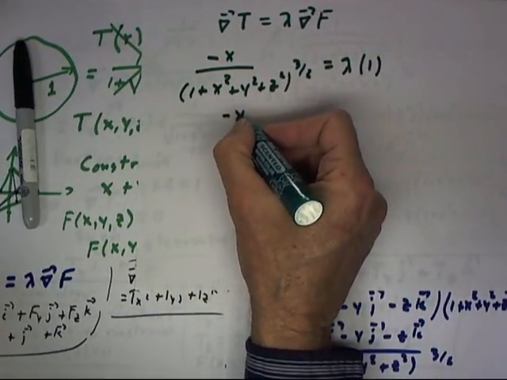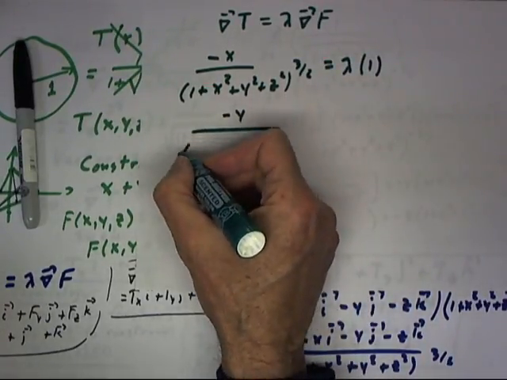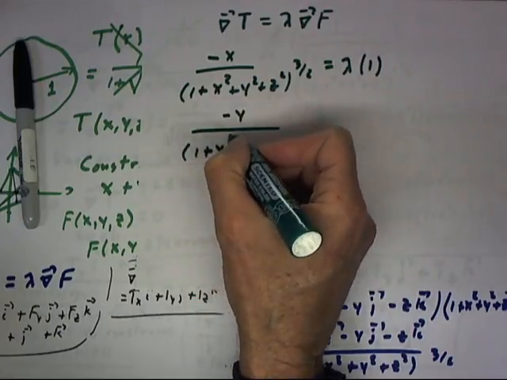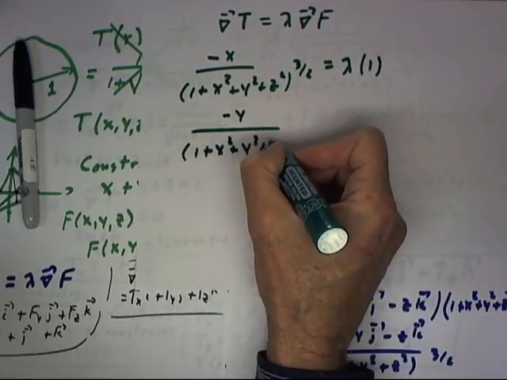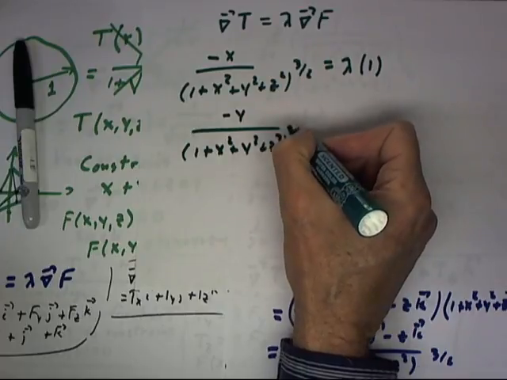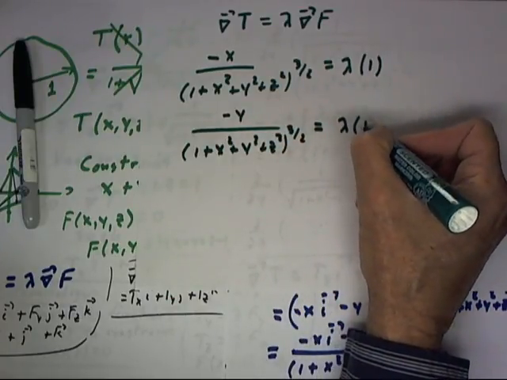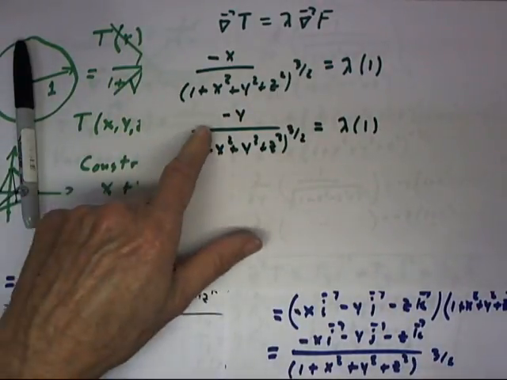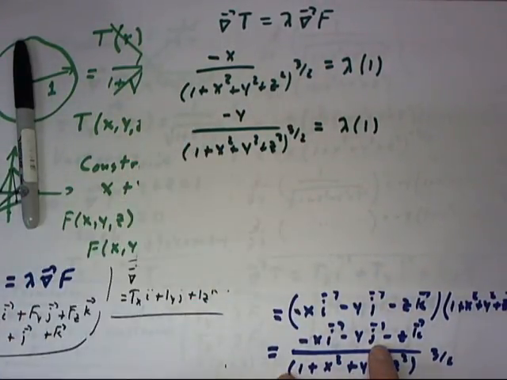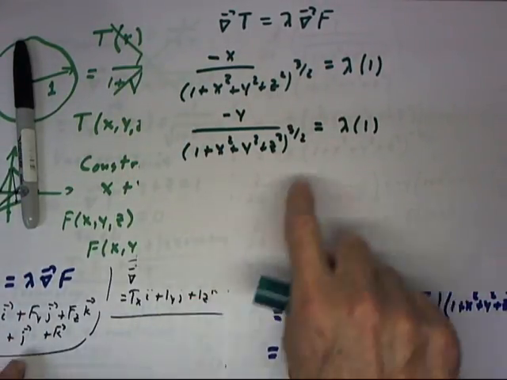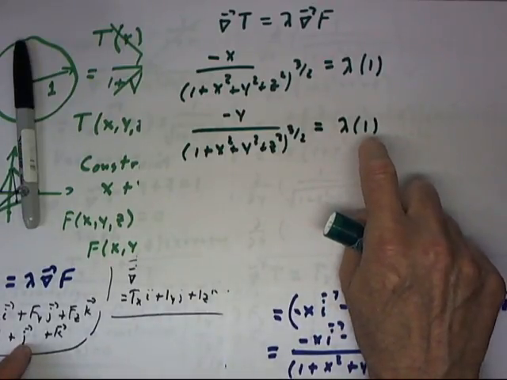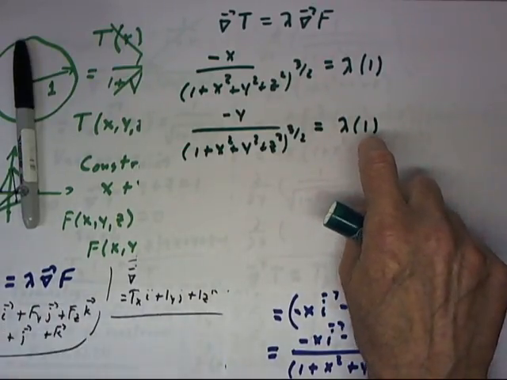And negative y over 1 plus x squared plus y squared plus z squared to the 3/2 should equal, again, lambda times 1. This being the j component of our del t, and 1 being the j component of our del f.